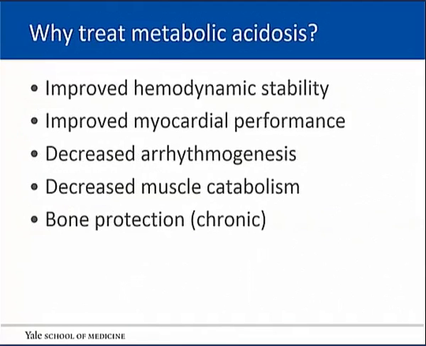So why do we treat metabolic acidosis? It can produce some acute benefits, improving hemodynamic stability, improving myocardial performance, decreasing arrhythmogenesis. And then there are some chronic effects that are of lesser importance to you, but very important to us, which is decreased muscle catabolism and bone protection.